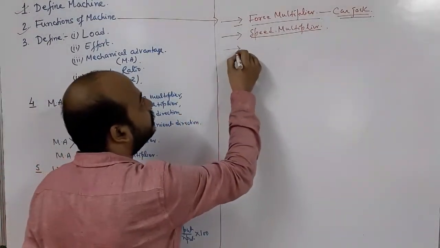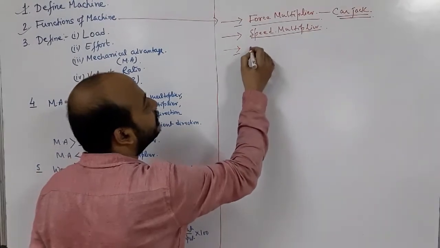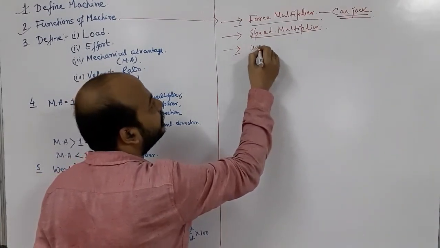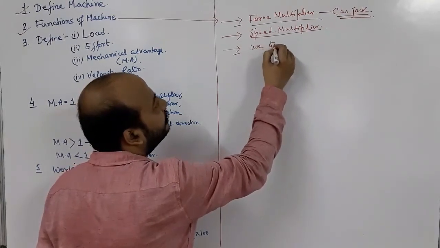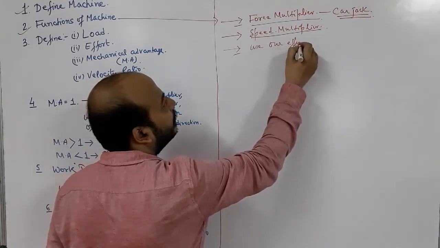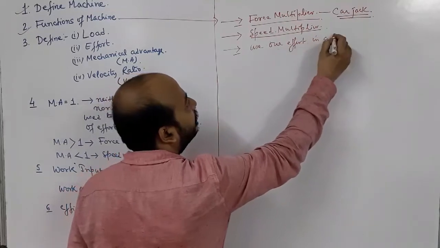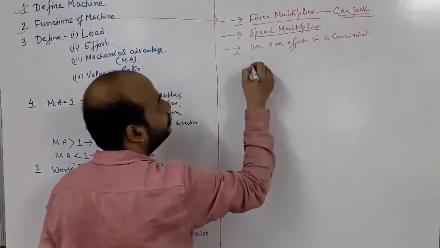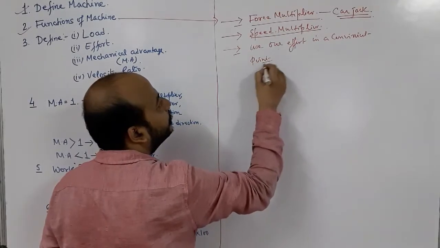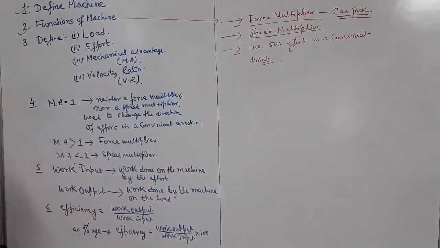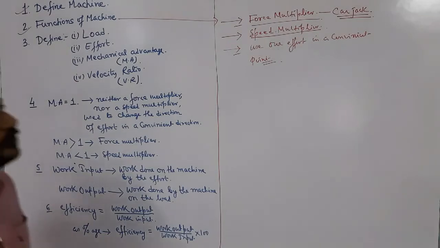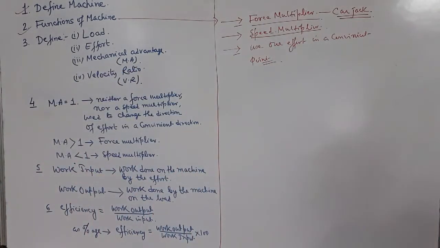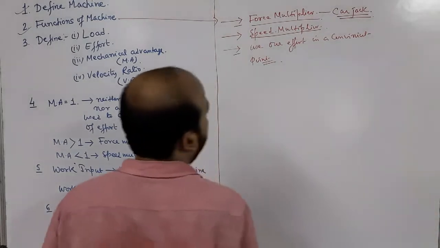The third function is that by using a machine we can use our effort in a convenient point. So we can use our effort in a convenient point, like you know, the pedal of a bicycle.